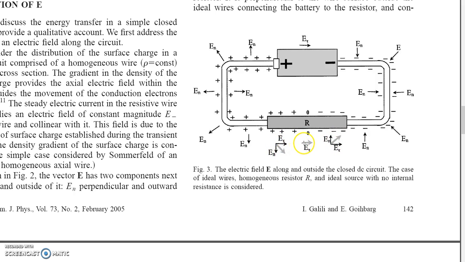Downwards angle here, horizontal in the middle, and pointing upwards on the right hand side. Meanwhile, the normal electrical field radiates out on this side of the resistor, and when negative surface charge dominates, the normal field points into the wire. Okay, so that's the full story of the electric field surrounding a wire and resistive element in the circuit.